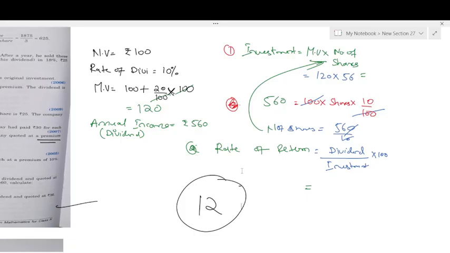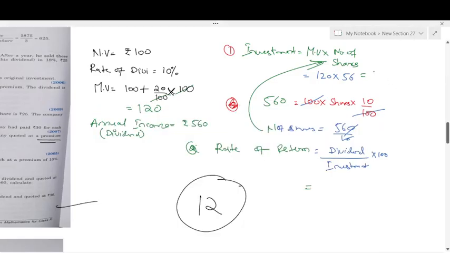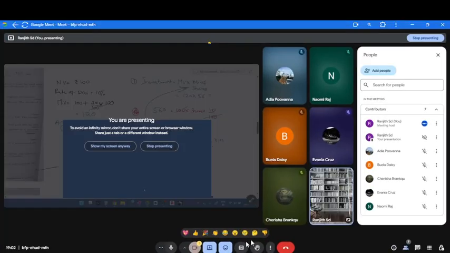Yes, students, completed this question? 11th one. Yes, 11th one done. What is investment? Yeah, why is nobody responding? Completed or not?